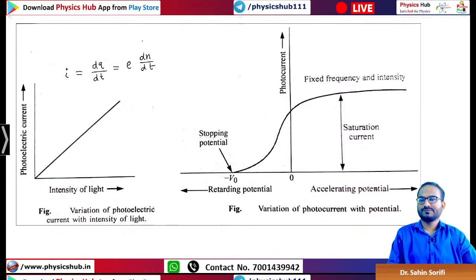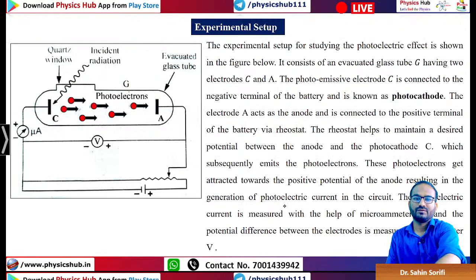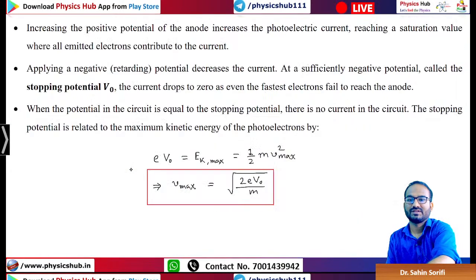Now about this photocurrent, when you are applying positive potential, meaning you are giving the anode the positive potential, it will attract these photoelectrons and the electrons will flow and current will be generated.